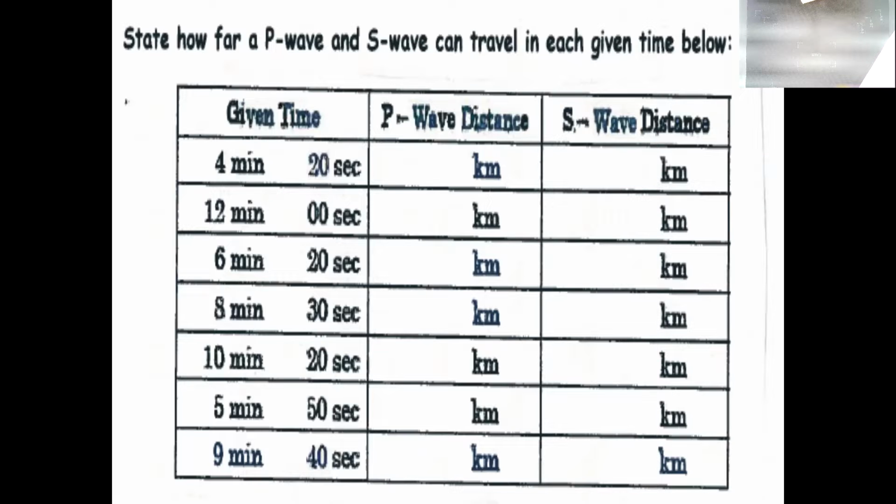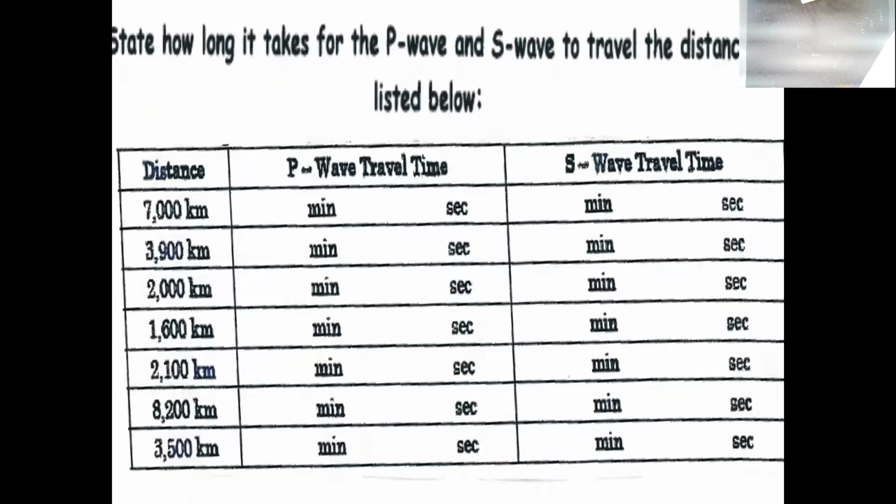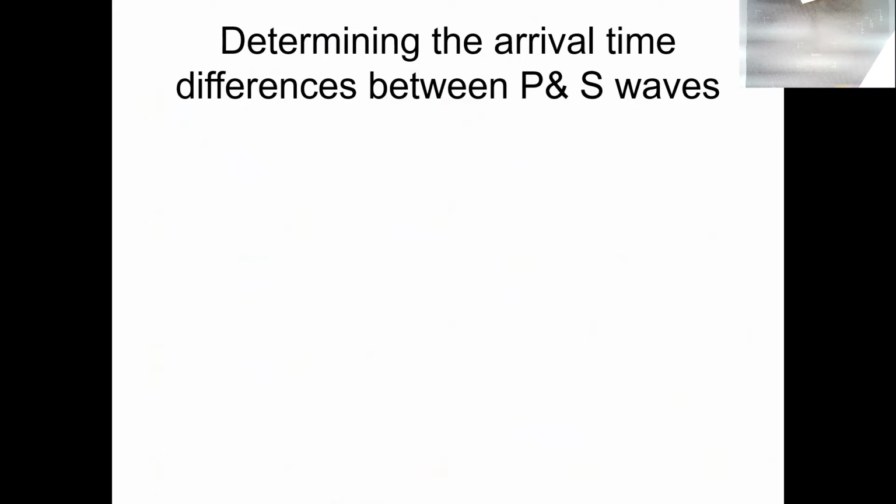So yesterday we started with how long does it take the P wave to travel? Today, we're going to be determining the arrival time difference between the P and the S wave. So you'll notice in there the difference between the wording. I went from travel time to arrival time.